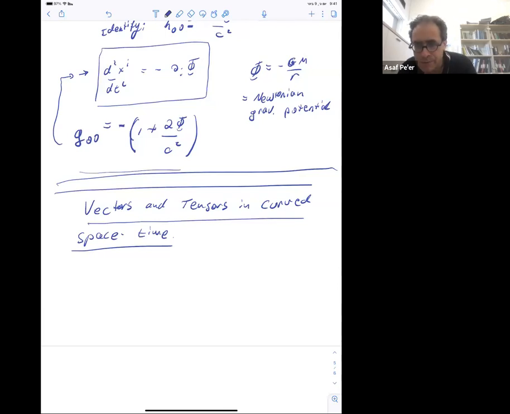The second question, which is much more complicated to answer, is how does the presence of a gravitational field act to curve space-time? How does the fact that there is a mass somewhere, or energy, because E is equal to mc squared, act to take the space-time and curve it?